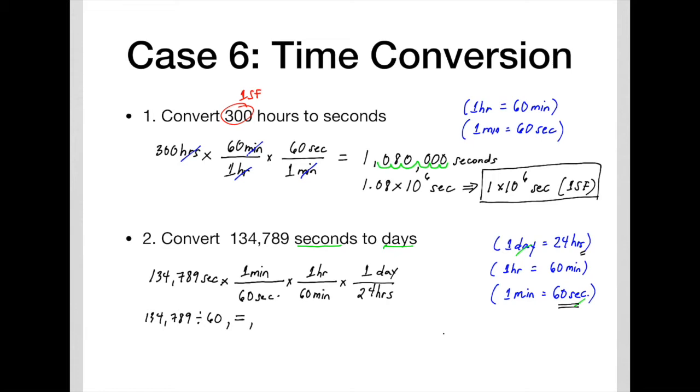And then after that, press divide 60, and then press equals. And then after that, press divided by 24, and then press equals. So that's how you're going to press it in your calculator.